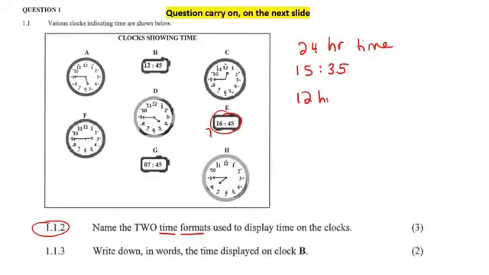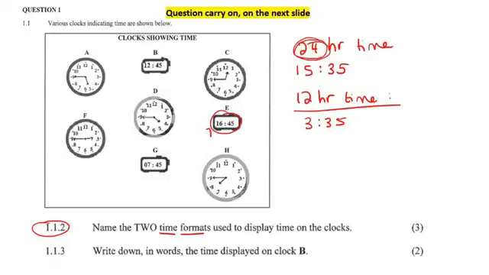Then you get 12-hour time, where 3:45 in the afternoon would be shown as that. With 24-hour time, you use all the numbers up to 24.